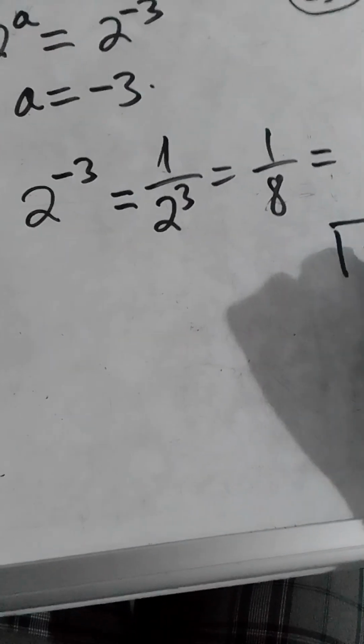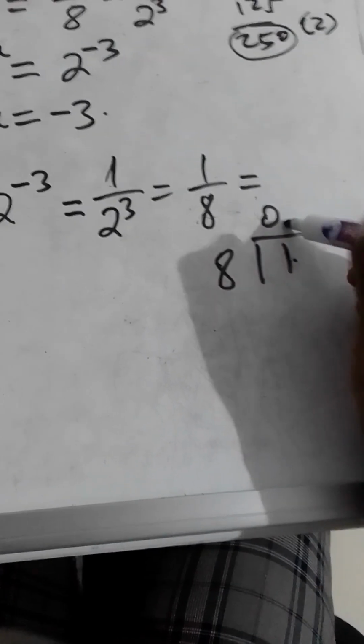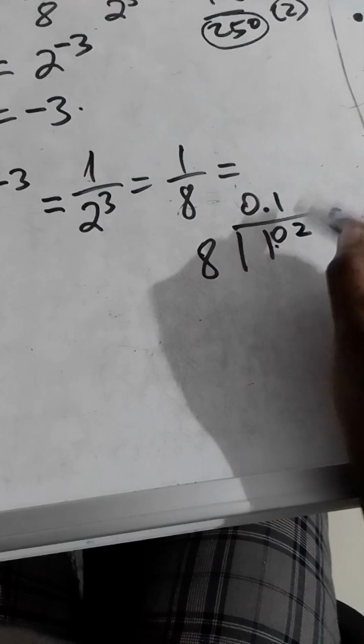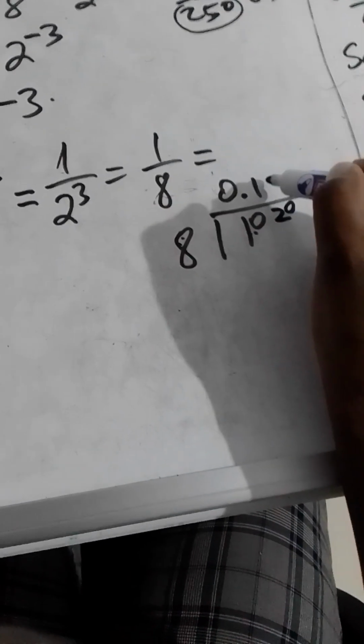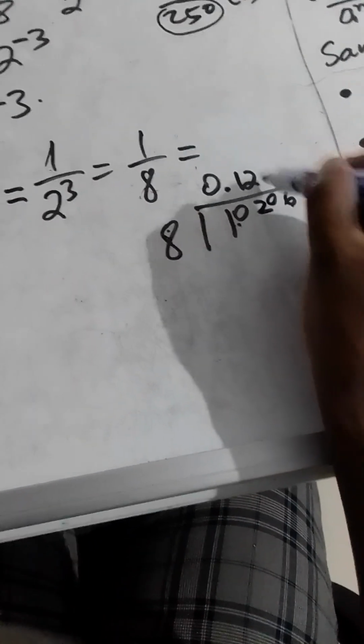And if you do it with long division, 1 divided by 8: 8 doesn't go into 1, so you put the naught, you put a comma, and you put a 0. 8 into 10 goes once and leaves a 2. 8 into 2 doesn't go, so we move to the next digit. You put a 0, it goes twice, and it leaves a 6. 8 doesn't go into 6, so we go to the next digit.